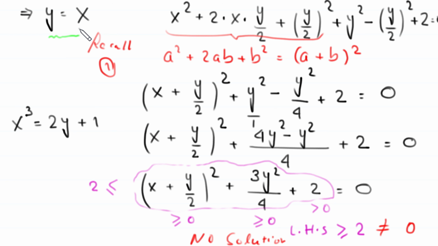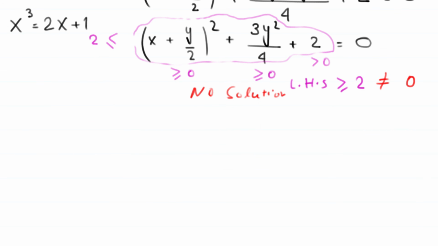Since y is equal to x, we replace this y with x, then this will become x cubed equal to 2 times x plus 1. Move these two terms to the left hand side, then this will become x cubed minus 2 times x minus 1 equal to 0.